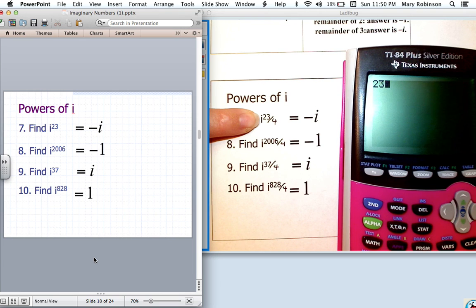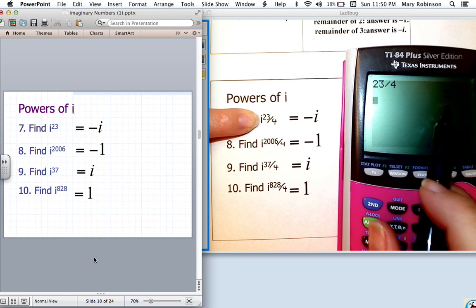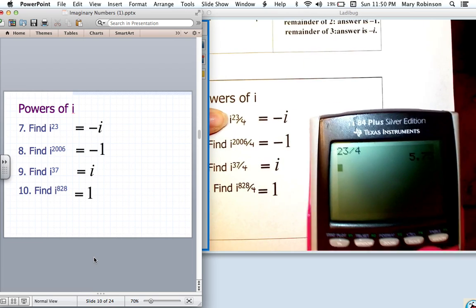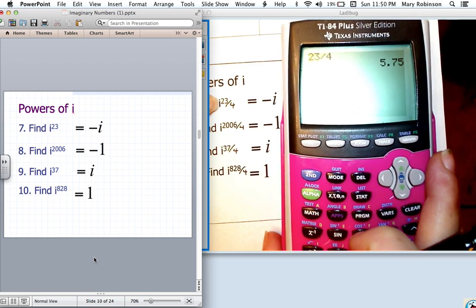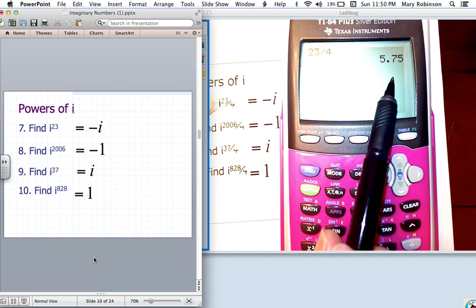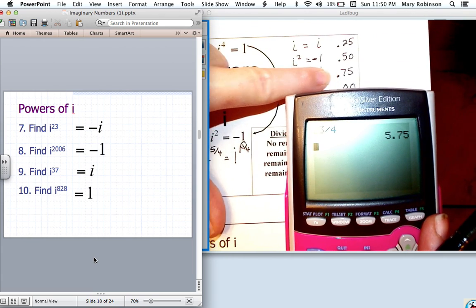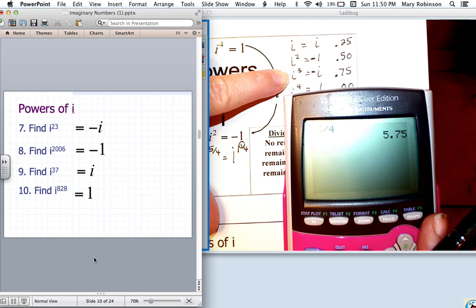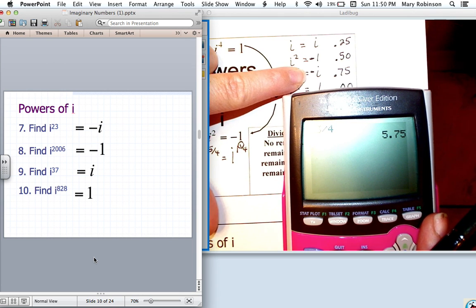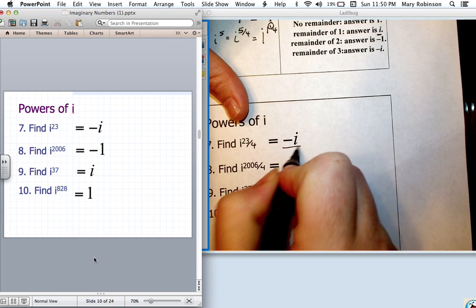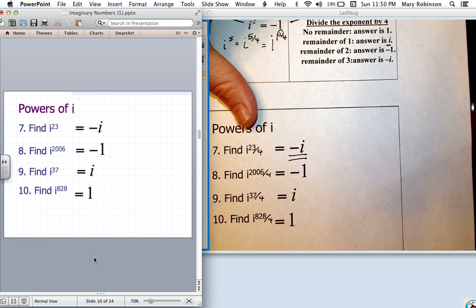So if I take my exponent of 23 and divide by 4, I get 0.75. Let me put it on the screen. Sorry, it's a little bit bright. 23 divided by 4 is 0.75. So I look back up to my chart, and 0.75 leads me to i cubed, which has a value of -i. So that means that i to the 23rd is also -i.